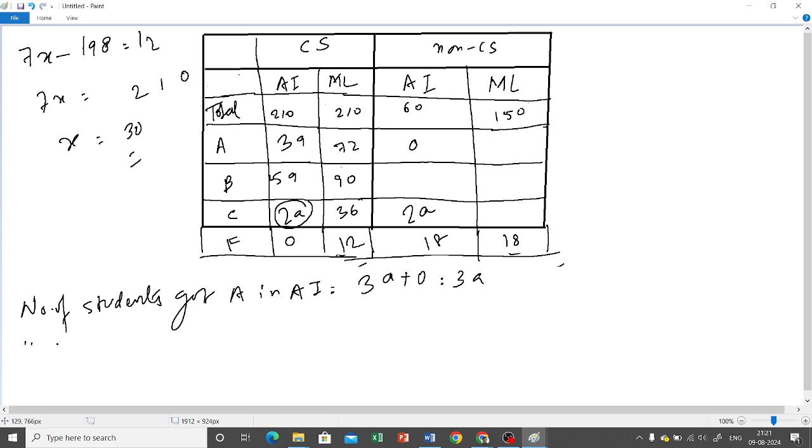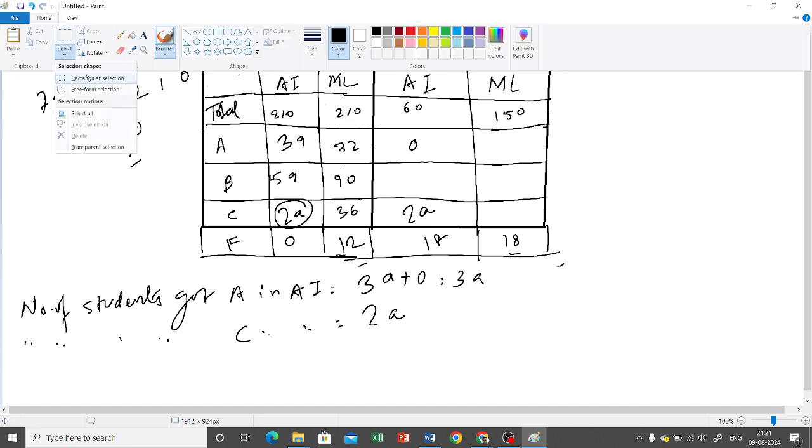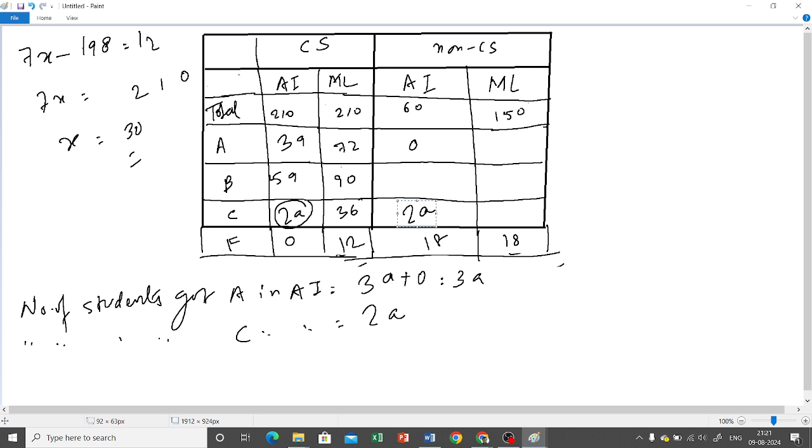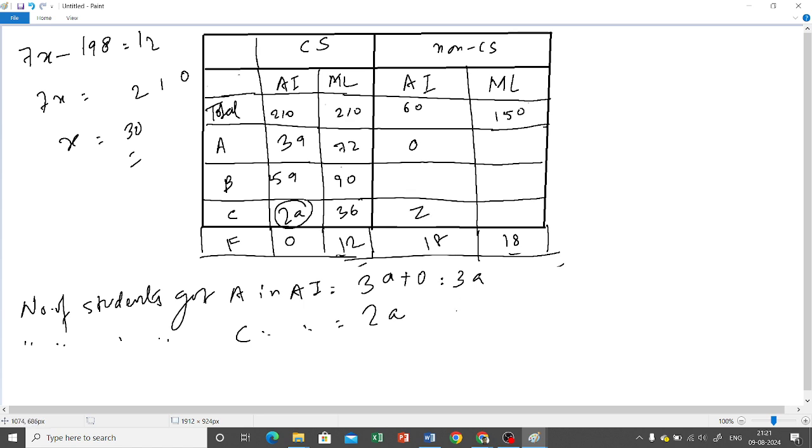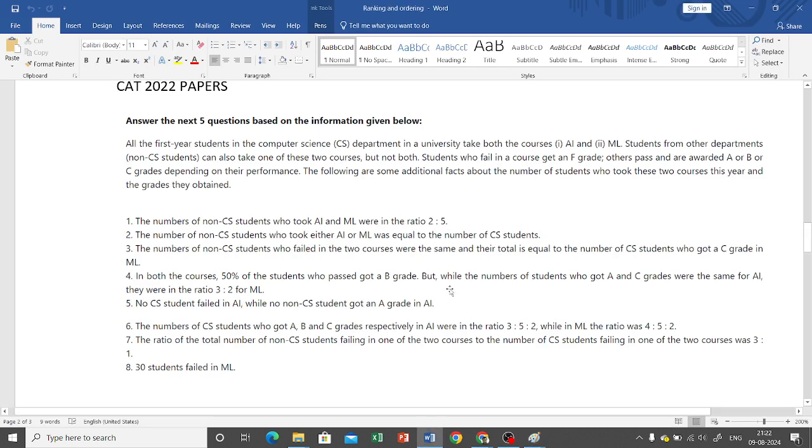Number of students who got C in AI is how many? 2A plus, I don't know this value, let me write it as Z. 2A plus Z. Now both of these are same, so 3A is equal to 2A plus Z, that means A is equal to Z, right? Because that is what has been said.